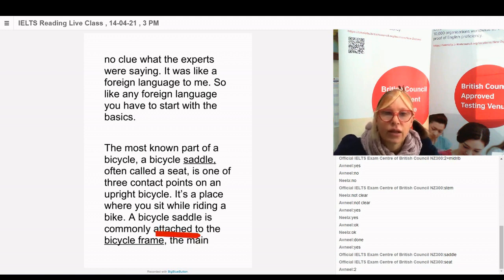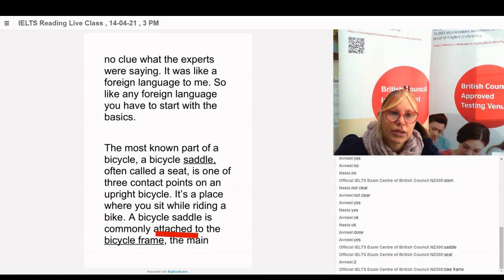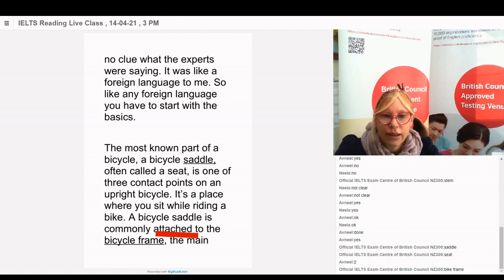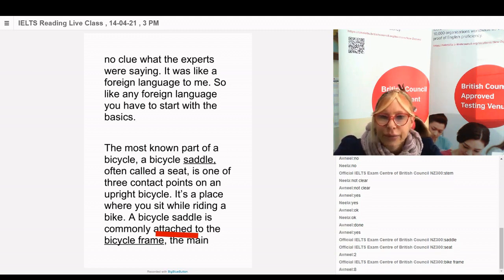So looking at the diagram again, we can see that number 2 is attached to the bicycle frame. So can you see what number the frame is? The seat or the saddle is attached, is connected to the bike frame. Well done, that's correct. Okay, well done, Avnil. So that's number 2 and number 8 done.